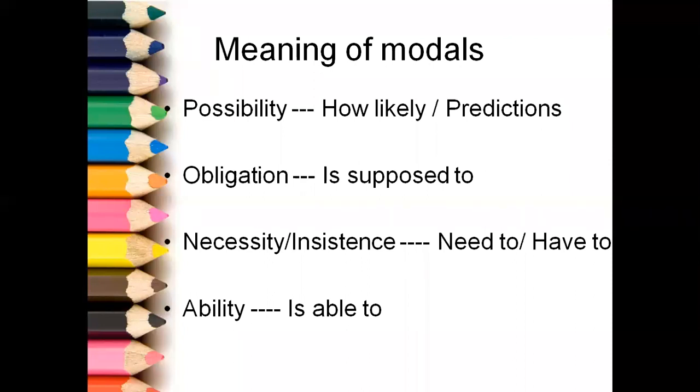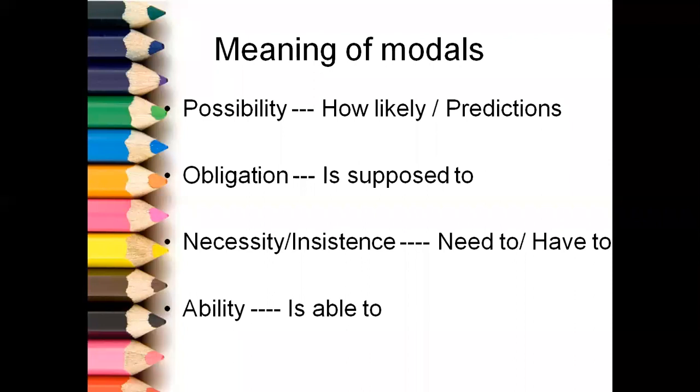Whenever you want to give a suggestion or whenever you feel something is necessary, that is necessity or insistence, meaning suggestion, you can use modals. And the last application is to talk about ability. So the four important applications of modals in English language are to talk about possibility, to make something an obligation, to talk about necessity, insistence or recommendation, and to talk about ability.